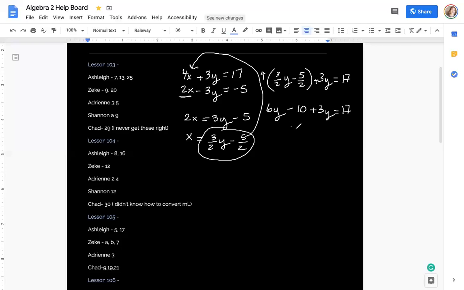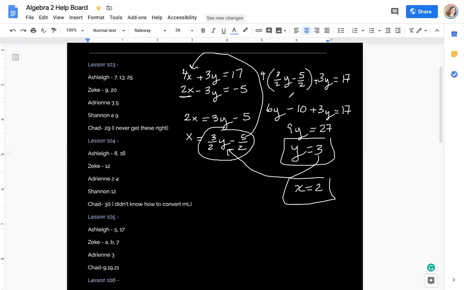And we get 9y equals 27 and y equals 3. And then you just put your 3 back in here and you're going to get x equals 2. A little messy, but they're just trying to teach you how to manipulate equations in different ways.